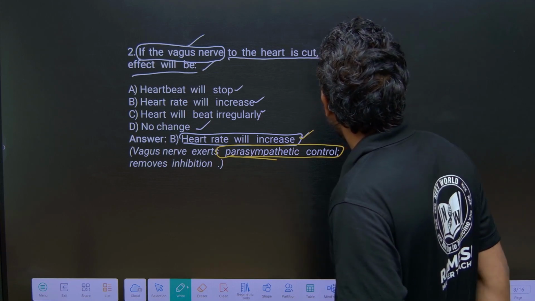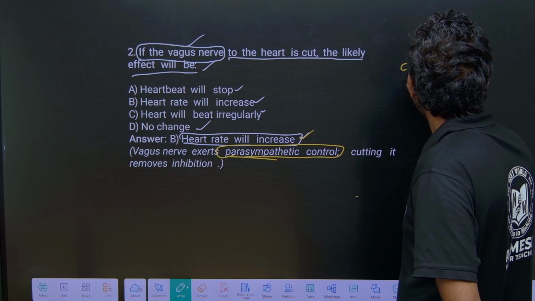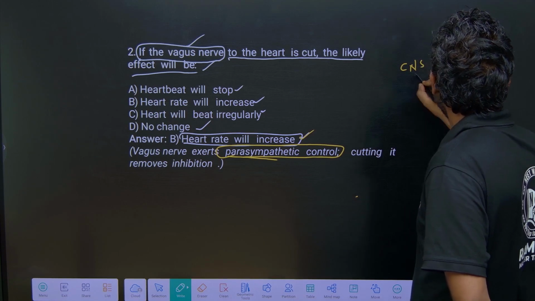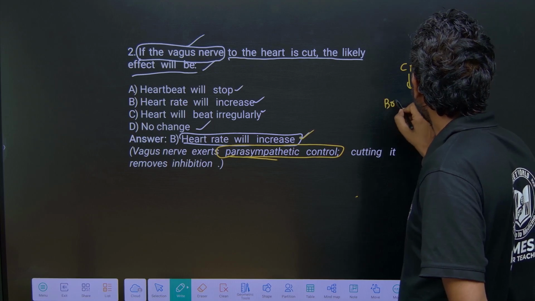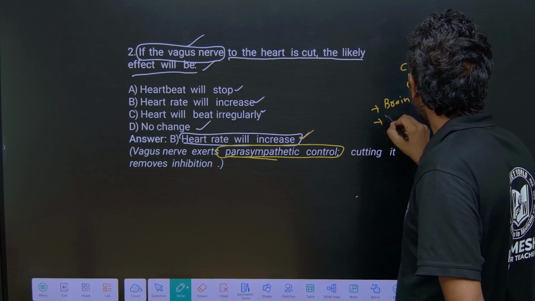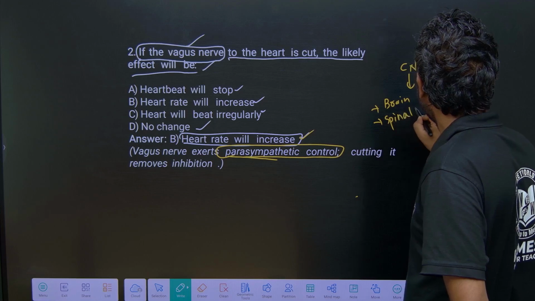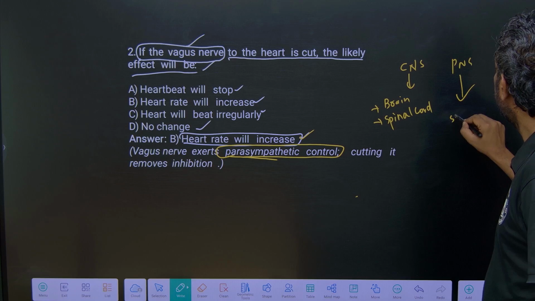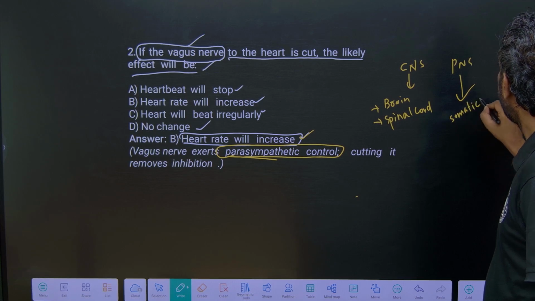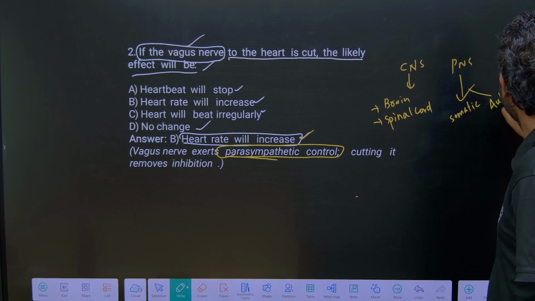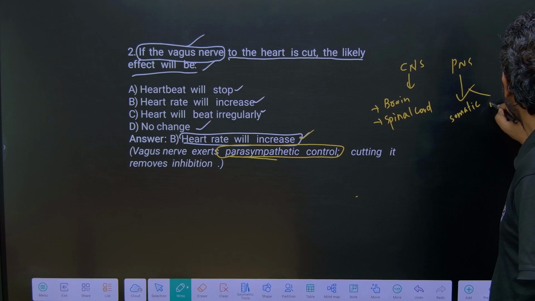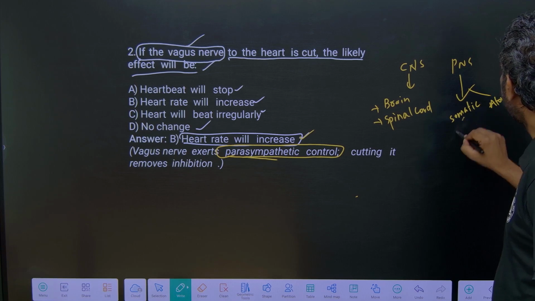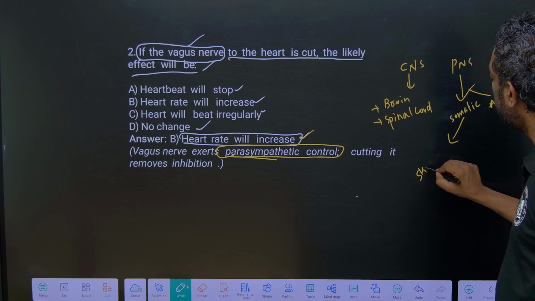Actually, there is the central nervous system and the peripheral nervous system, PNS. The central nervous system is the brain and spinal cord. The peripheral nervous system is somatic and autonomic. Somatic is under the skeletal muscle.